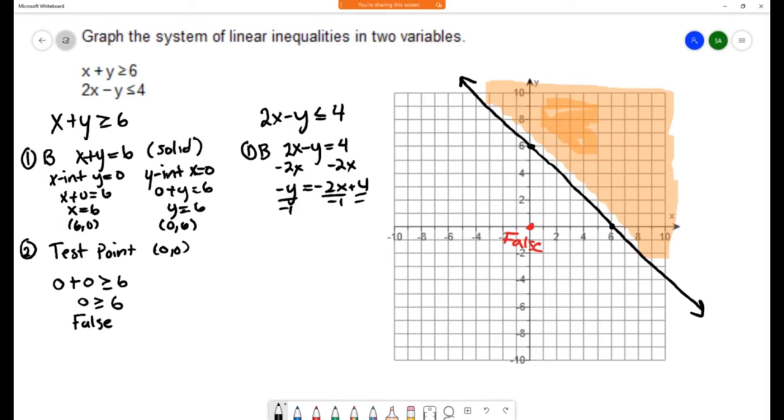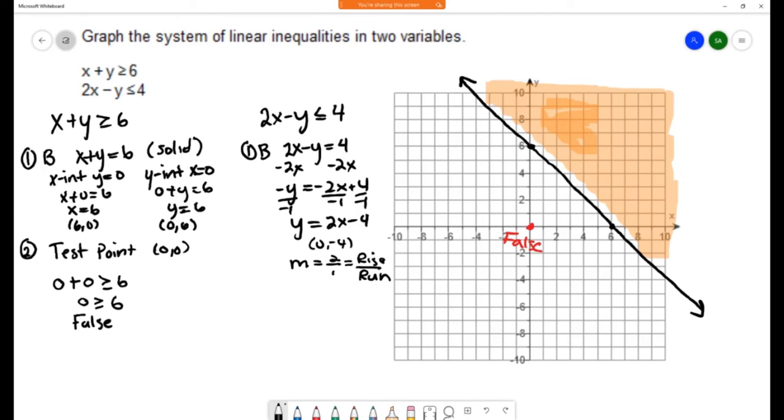Divide by negative 1, and we have y equals 2x minus 4. So in slope-intercept form, I can see that I have a y-intercept of 0, negative 4, and a slope of 2, which I'll write as 2 over 1, and that's my rise over run.